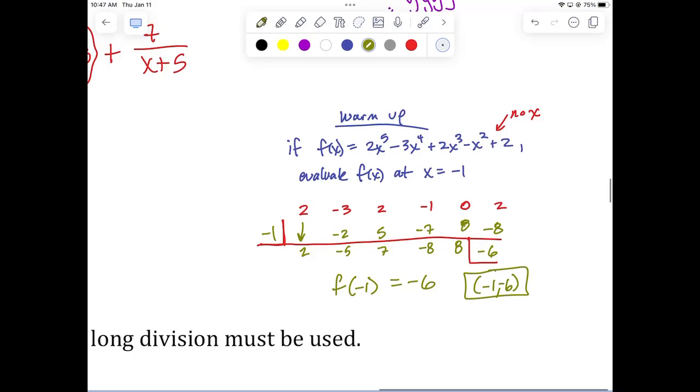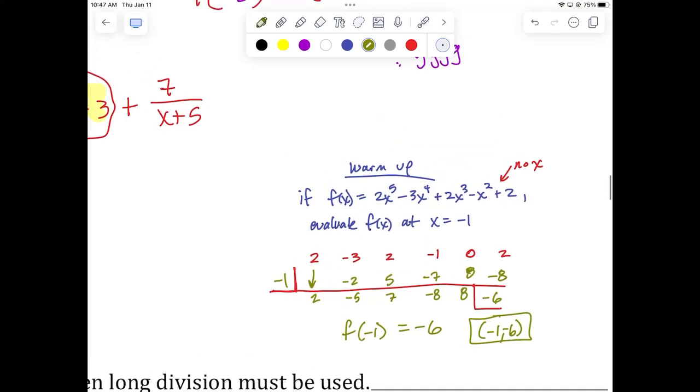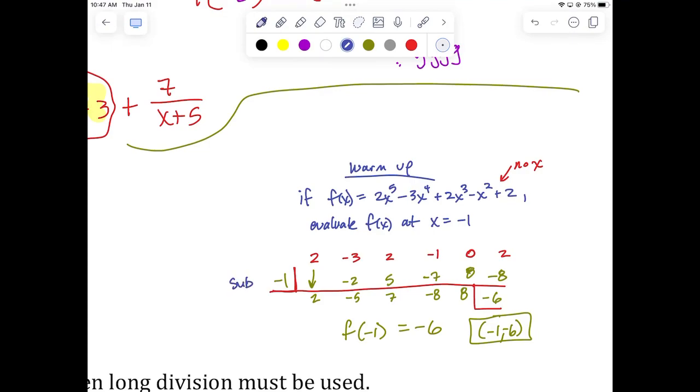Now remember, if we think about it in terms of synthetic division, which is just a slightly different way to look at it, here's what the synthetic division would look like. Okay, this is substitution. And then here's the division. The division would say that 2x to the fifth minus 3x to the fourth plus 2x cubed minus x squared plus 2, all divided by what?